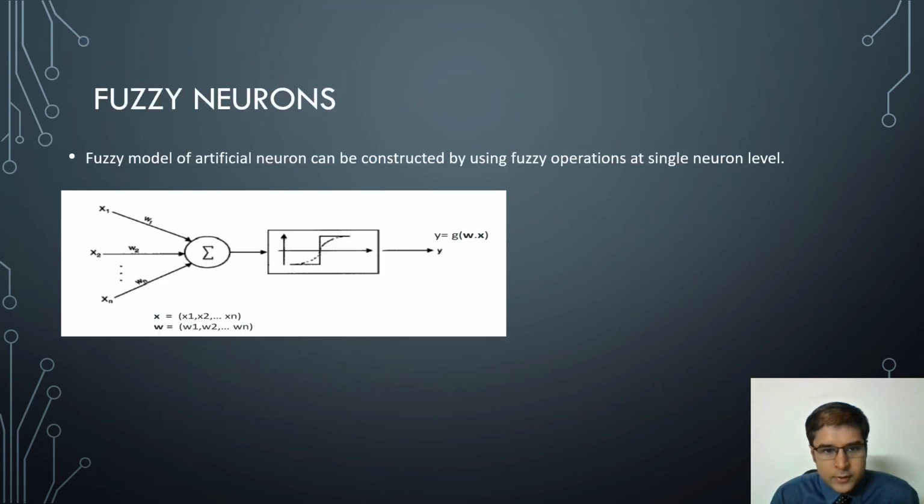Fuzzy model of artificial neuron can be constructed by using fuzzy operations at single neuron level. So here the summation function is as usual done on the weights and inputs of the input node of the neural network, fuzzy neural network, that is, and then we apply y is equal to g of wx, that is the activation function differently.